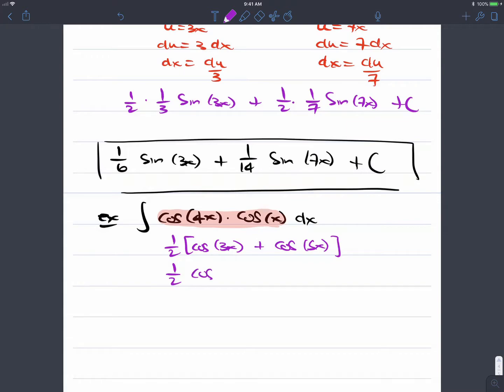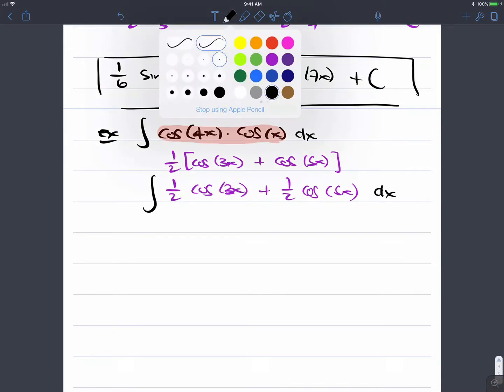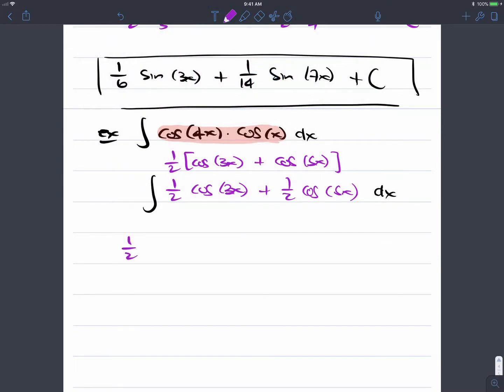Let's distribute. So my integral is now going to become, because I have to integrate, by properties of integration, 1/2 the integral cosine of 3x dx plus 1/2 the integral of cosine 5x dx.